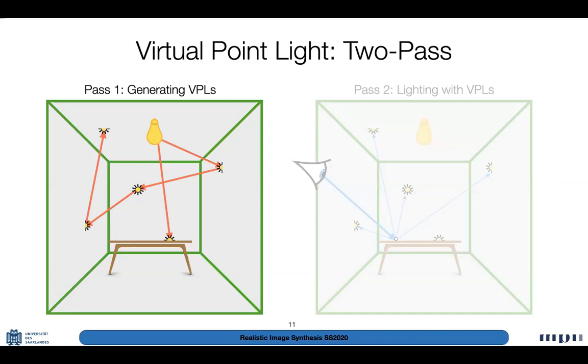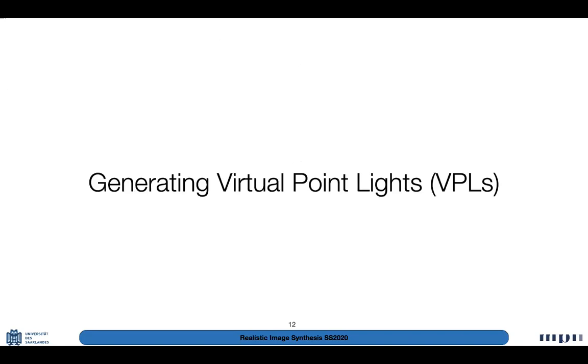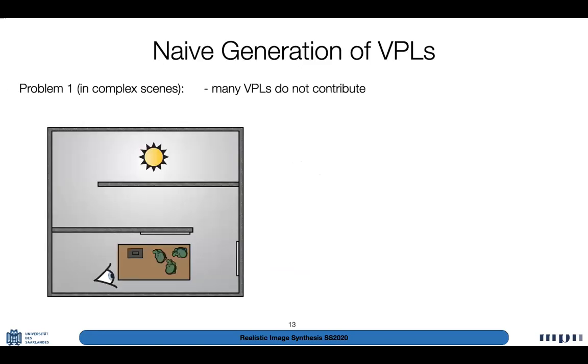All right. So let's look at generating the VPLs. Let's consider this simple scene where we have objects which are, let's say, in a separate room at the bottom, and the light source is in a separate room. So if we generate light paths and register the corresponding VPLs, you could see that for a given camera view, there might not be any VPL available.